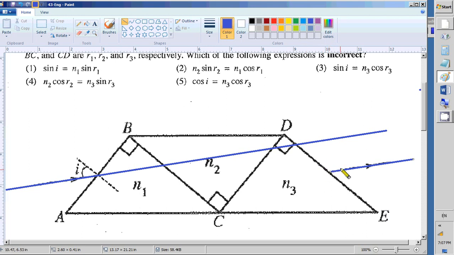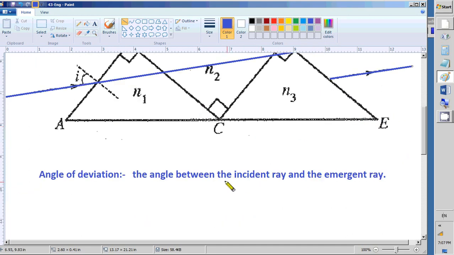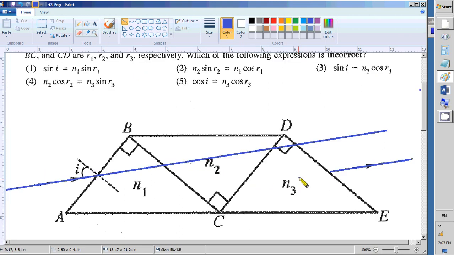So what is the angle of deviation? It is the angle between the incident ray and the emergent ray. Suppose the emergent ray leaves the prism like this at an angle to the direction of the incident ray. This angle is called the angle of deviation.